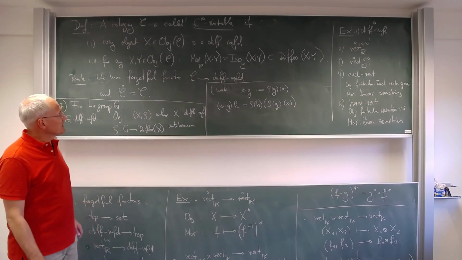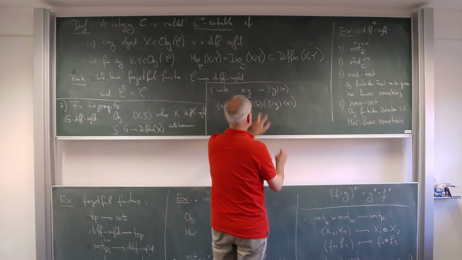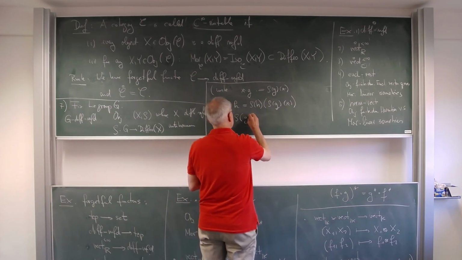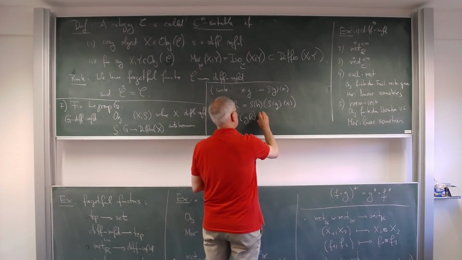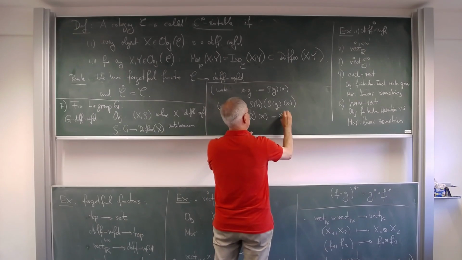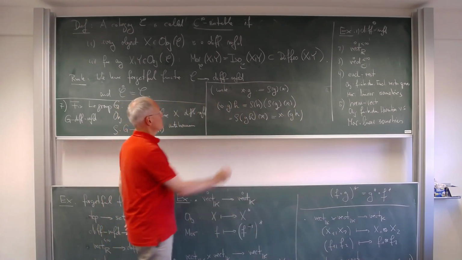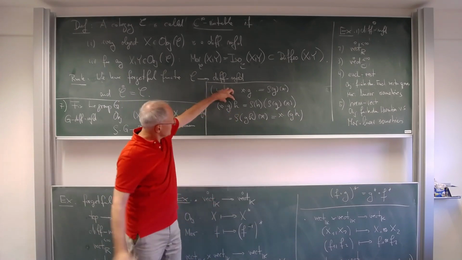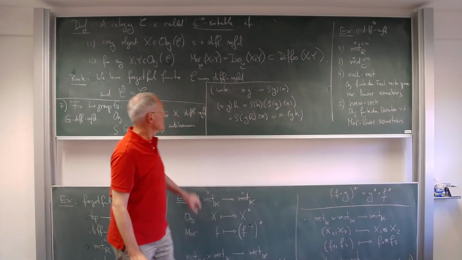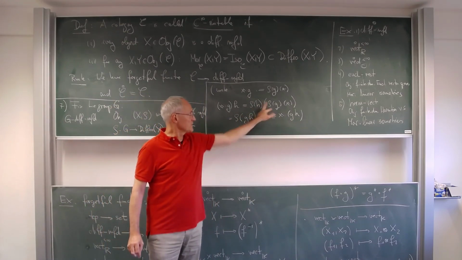And since I demanded that this is an anti-homomorphism, this composition will be the same as rho of, and now I have to turn things around, GH applied to X, which I can then again rewrite as X times G times H. This is what I want to have. I don't want this order here to be turned around. This is why I need that this is an anti-homomorphism. So here I have to turn things around.